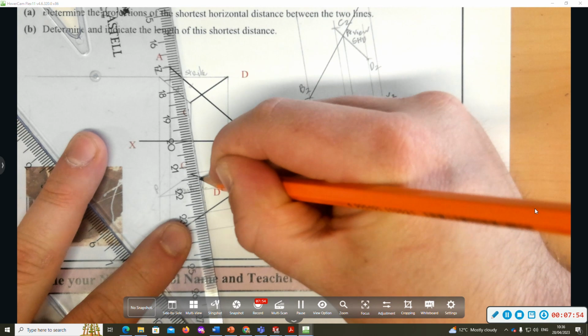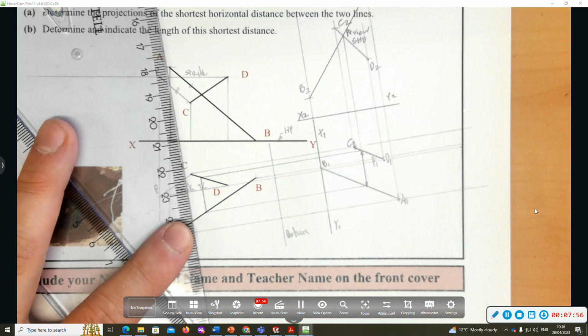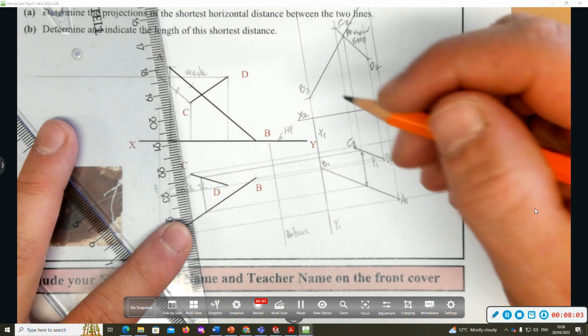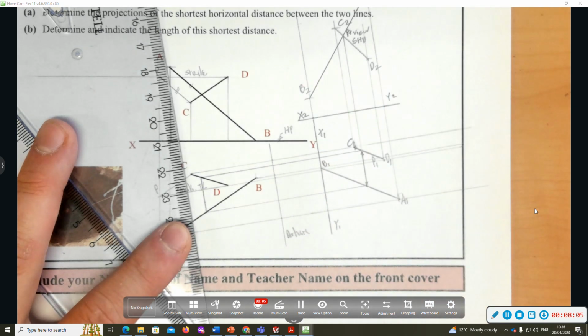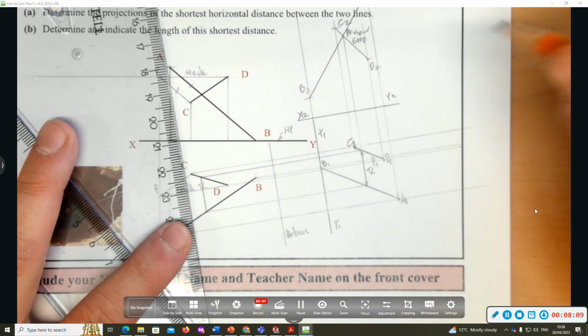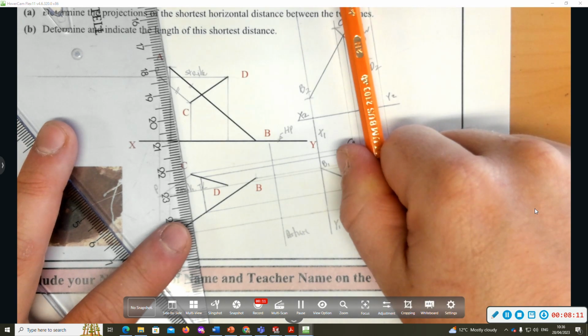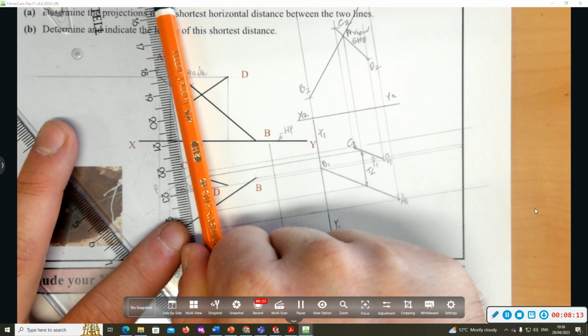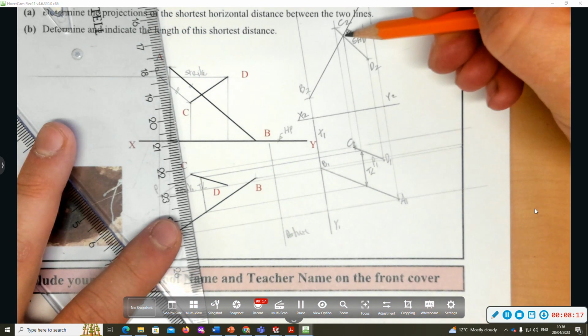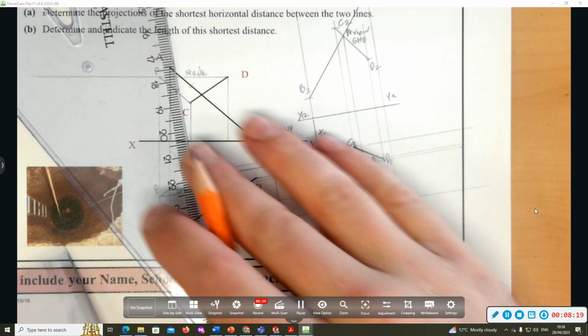Funnily enough, they happen to be parallel to the X1, Y1 line. And that's going to happen with them all, because it's a true length here, and for it to be a true length here, it has to be parallel to the X1, Y1 line in plan. And it's also true length here because it projects as a point up there in our second auxiliary.